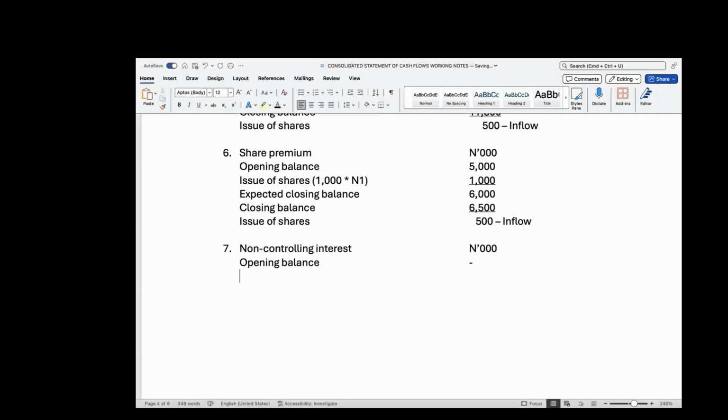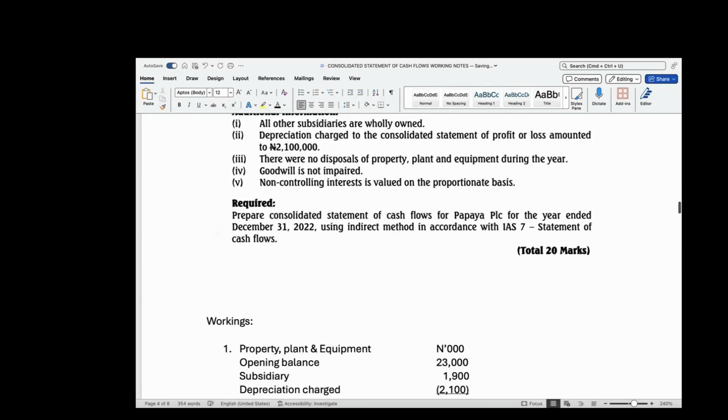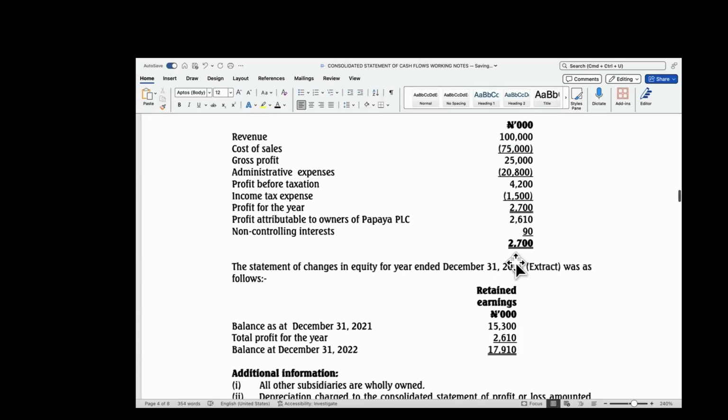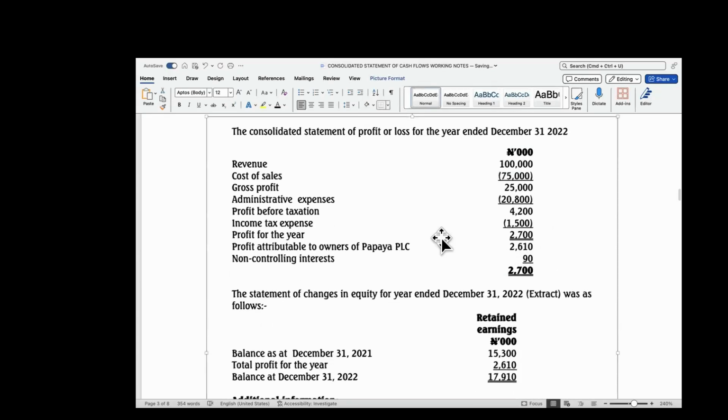What causes the movement in NCI? You get a share of profits in the subsidiary. I think they said it's 90 or so. Yes, the profit attributable to NCI is 90.